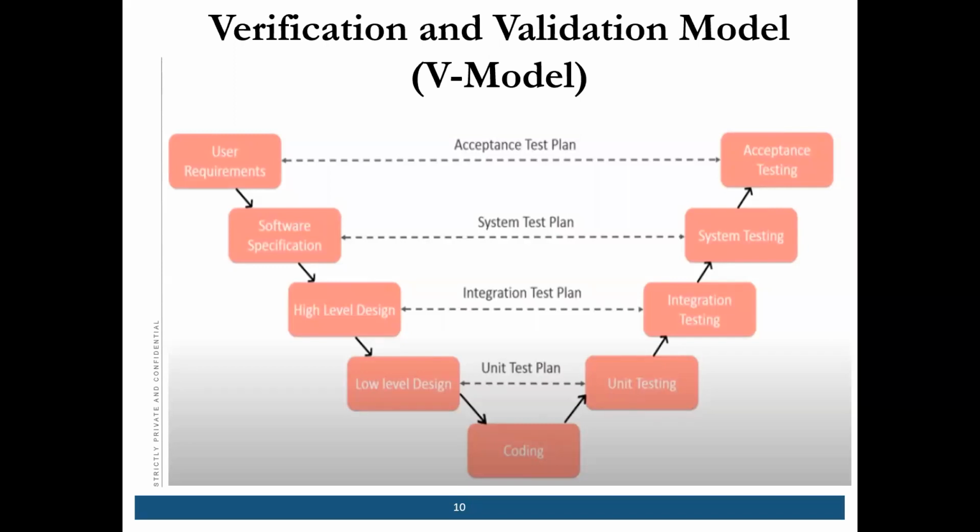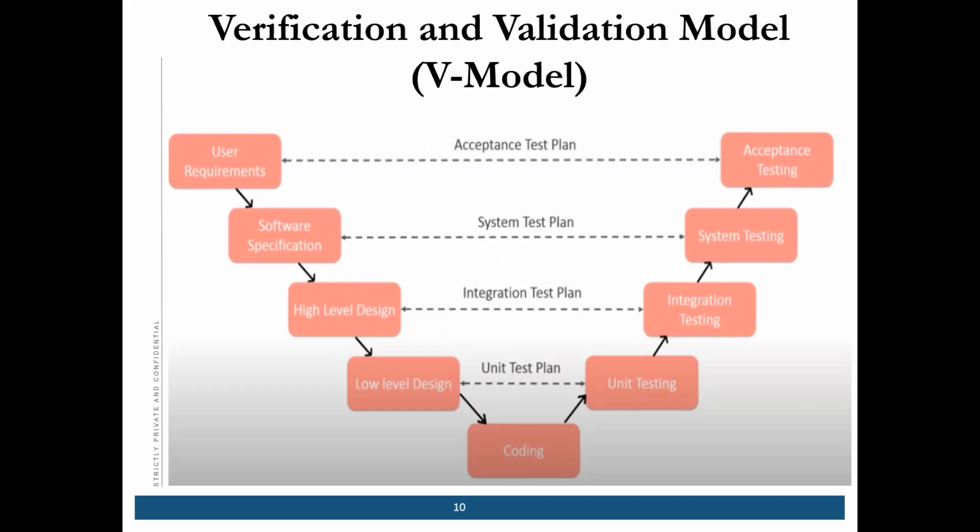In this model, the development activity and the QA activity go in parallel. As I said, early testing. So this is the example of early testing. In this model the development and the QA activities are done simultaneously, so there is no discrete phase called testing.